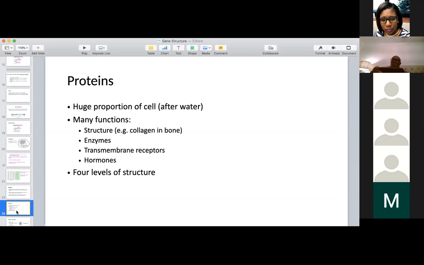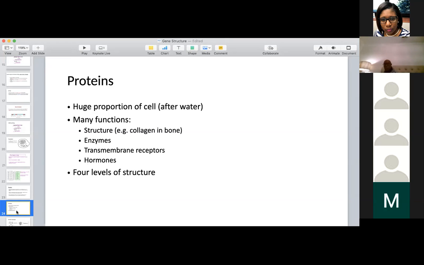We already looked at the many functions of proteins. They can have structural functions in organisms. They can function as enzymes. They can function as receptors for chemical signal transduction on the membranes of cells.